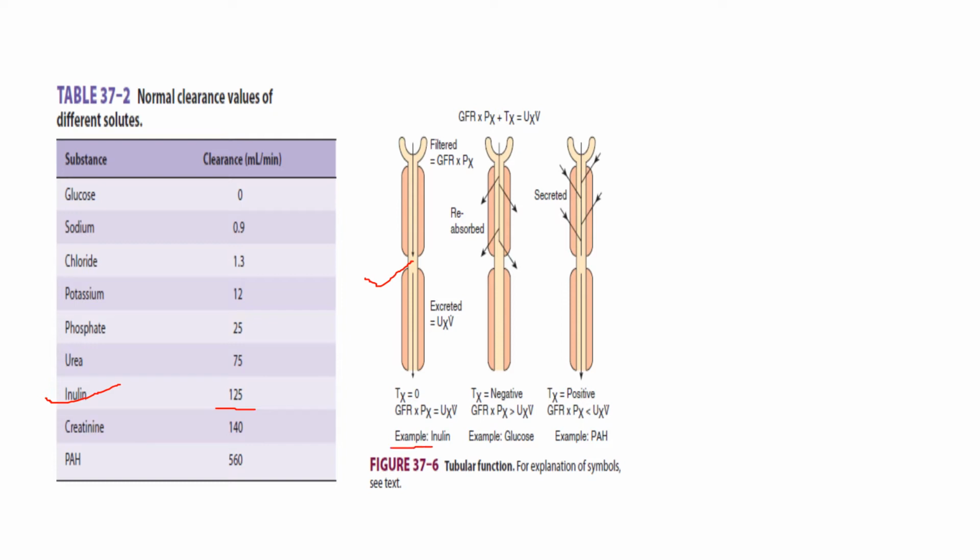So the example is inulin. Another example you can take is glucose, where clearance is 0.